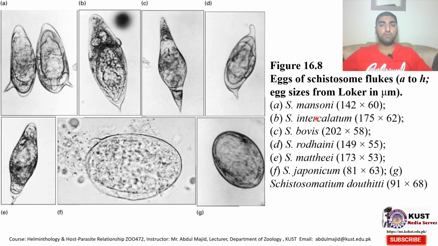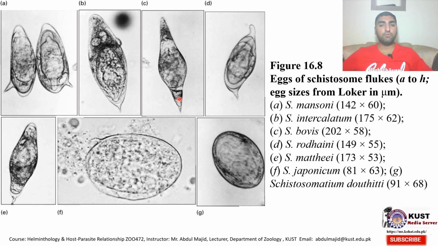Keep in mind that the sizes are given in micrometers. In figure A, the eggs belong to Schistosoma mansoni, which is 142 by 60 micrometers. In figure B, you can see Schistosoma intercalatum, which is 175 by 62 micrometers.